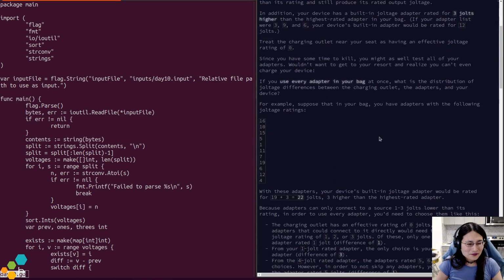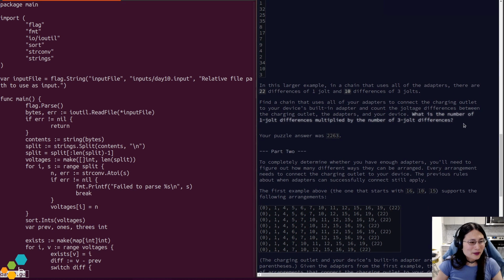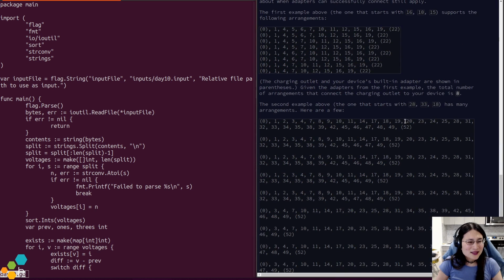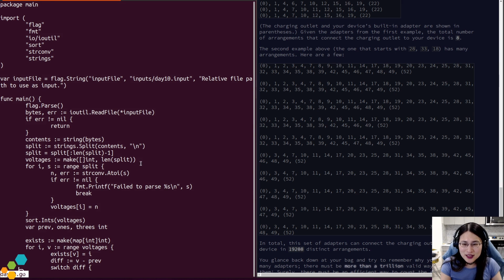Here's why. The reason is that you are asked first to make sure that you understand the problem, right? Like, did you parse your input correctly? And then secondly, after that, you're asked how many different possible combinations of walks along this list that follow the rules exist. And the trick that you were supposed to find was that you don't have to walk the list from start to finish every time.